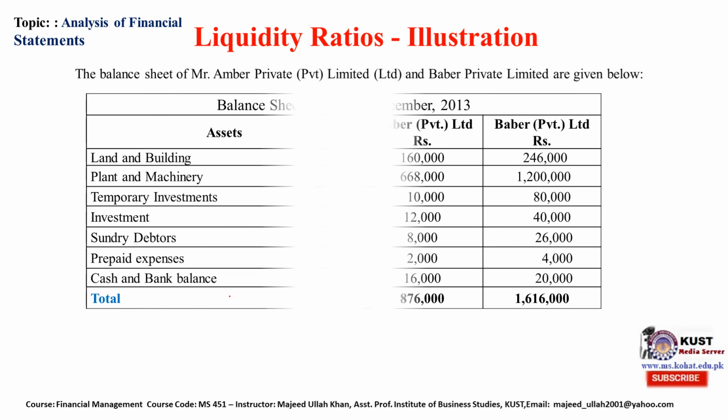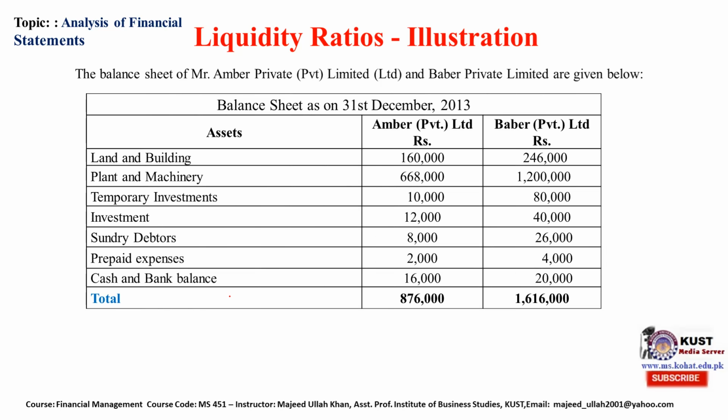The balance sheet of Amber Private Limited, the asset side is land, 160,000 to 46,000, plant and machinery, temporary investment, that is investment which the company, having any surplus amount, invests in marketable securities and then liquidates it when needed.